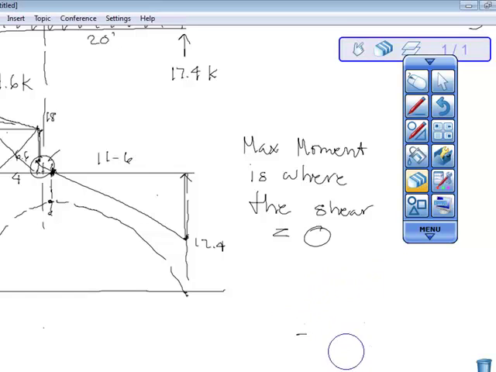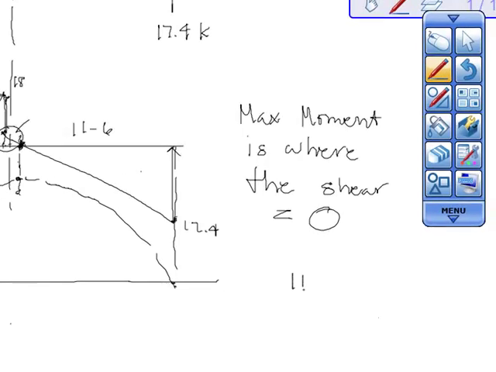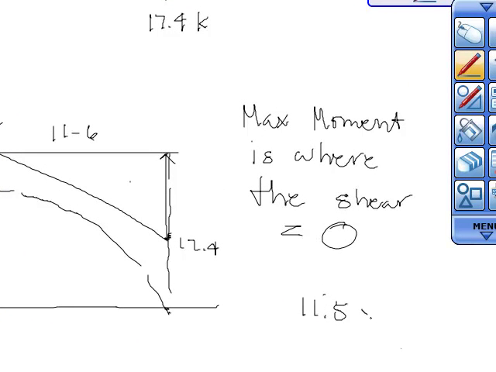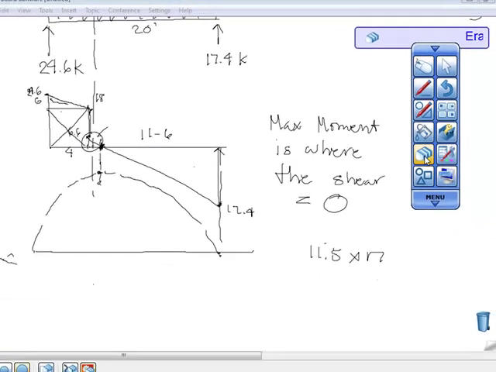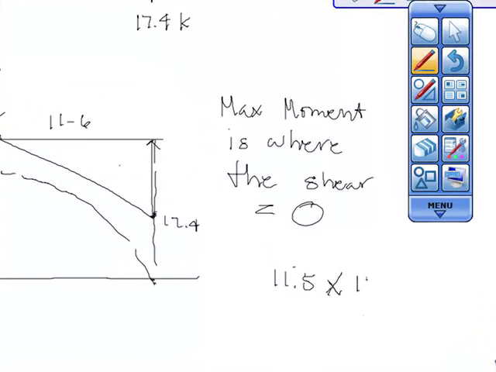So erase all that. You're going to say that 11 foot 6, the area of this space here is going to be 11.5 times 17.4 over 2, because it's a triangle.